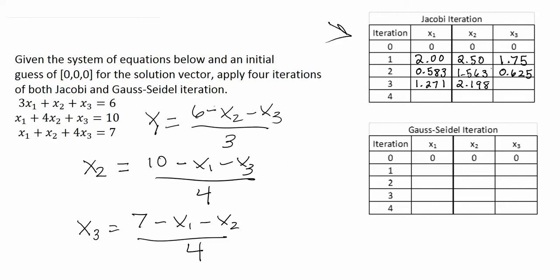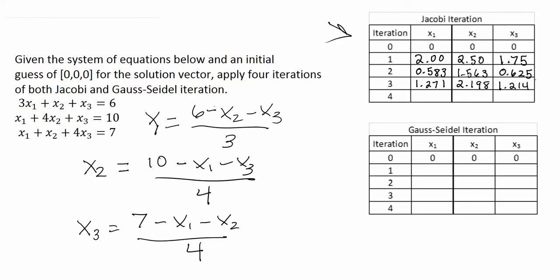Then we apply equation 3, 7 minus 0.583 minus 1.563 all divided by 4, or 1.214. Now we're ready for iteration 4.